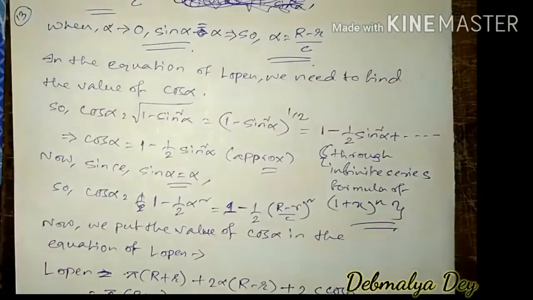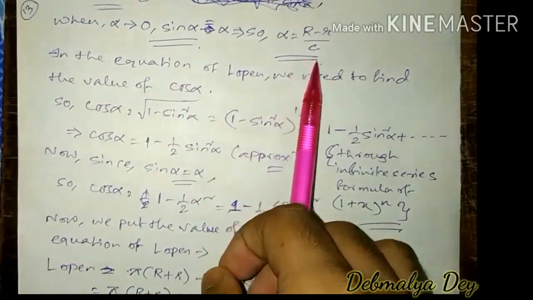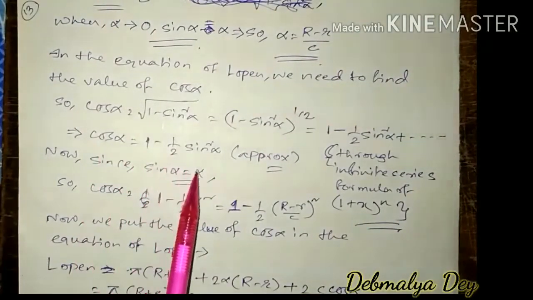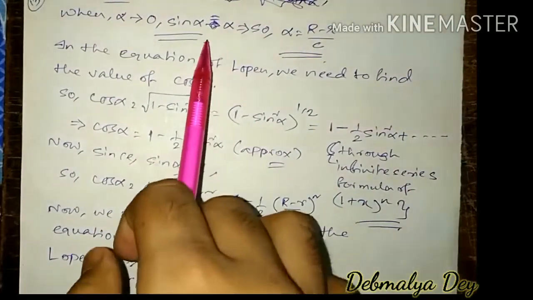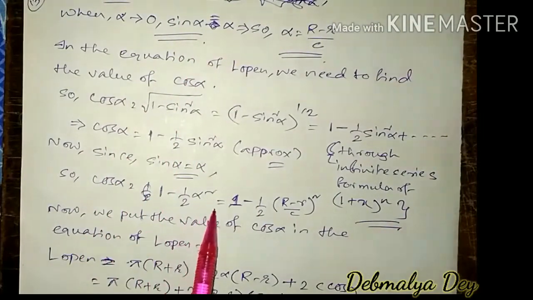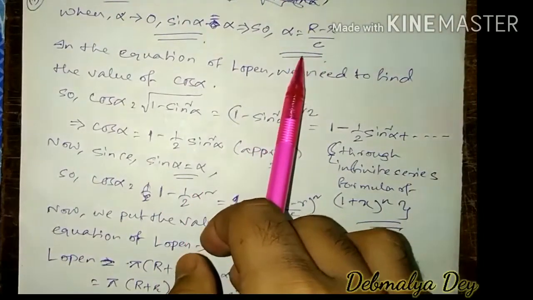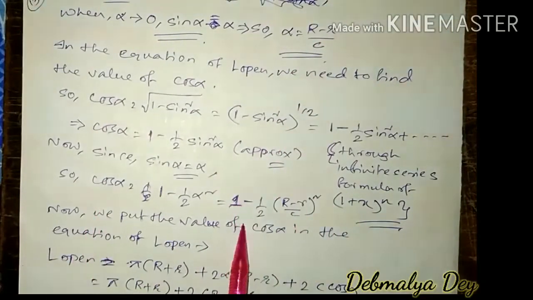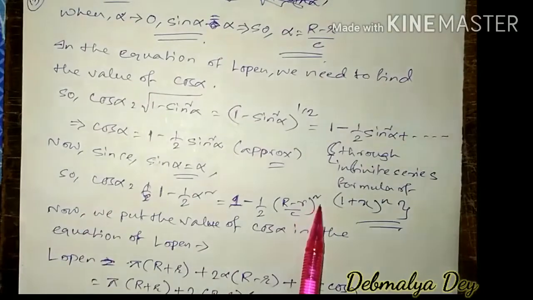As I said a few seconds ago, sine alpha is nearly equal to alpha, so in place of sine alpha we can write alpha. The value of cos alpha becomes 1 minus half alpha square. Again, in the value of alpha we can write (R minus r) by C. Now cos alpha has no alpha term, so we are able to write cos alpha in terms of radius and center distance.